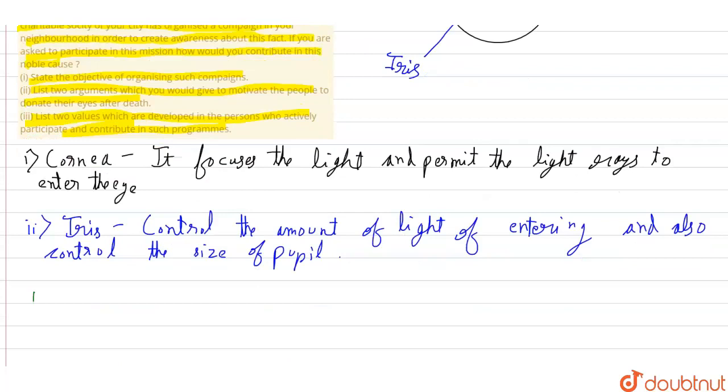So now thirdly we have the ciliary muscles. The function of the ciliary muscles is that they help in accommodation. Accommodation is nothing but adjusting the focal length of the eye automatically.